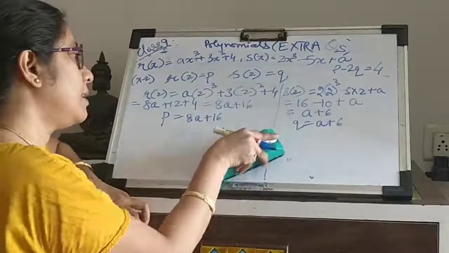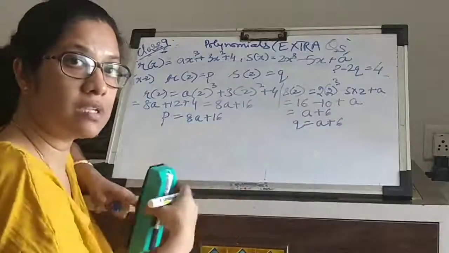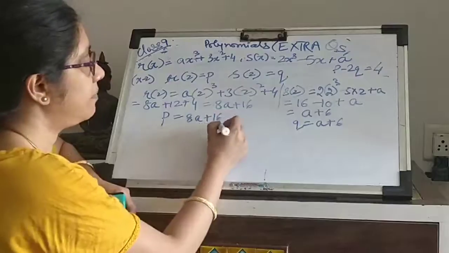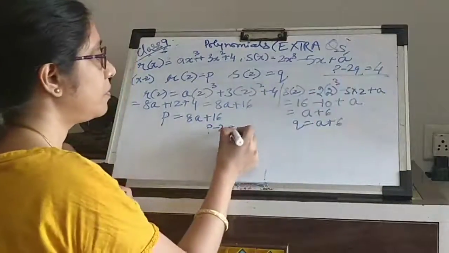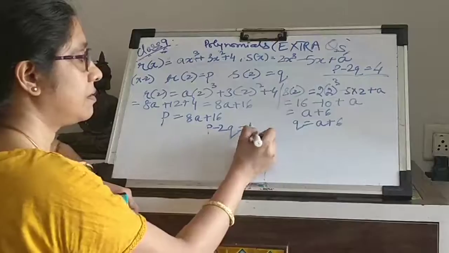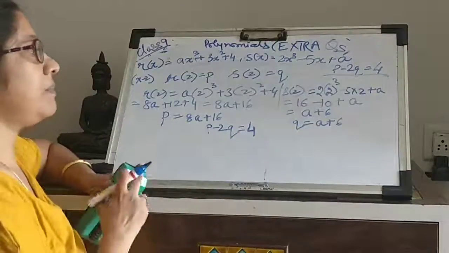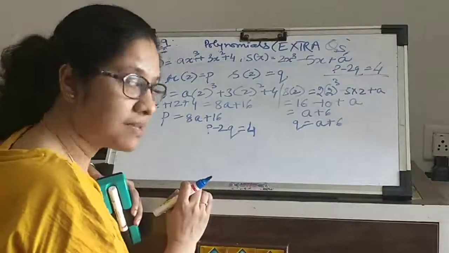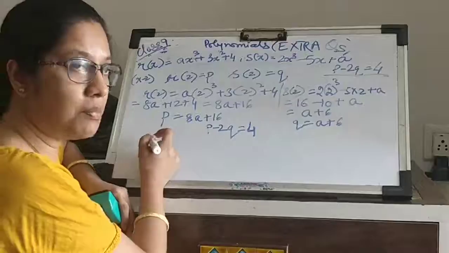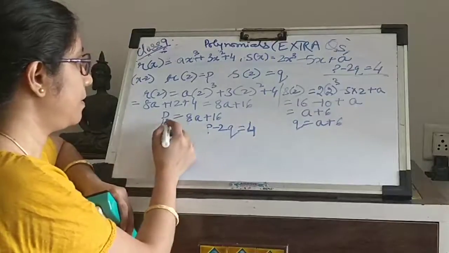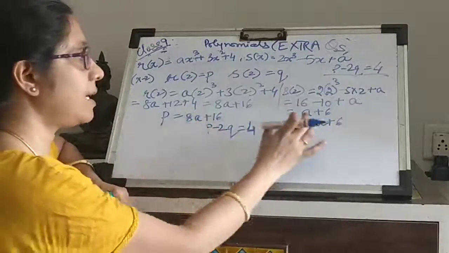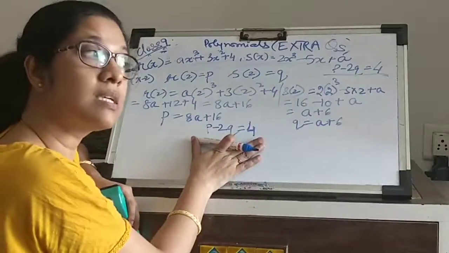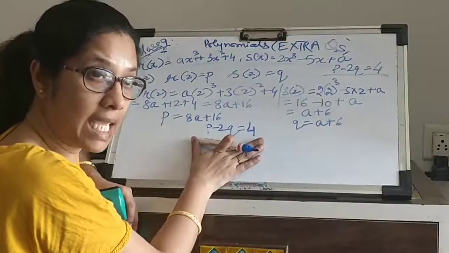Okay. Now, additionally, we are also given one more relationship between p and q, which says p minus 2q is 4. So all I need to do is simply substitute these values of p and q in terms of a in this particular equation, so that we get a linear equation in a single variable a.